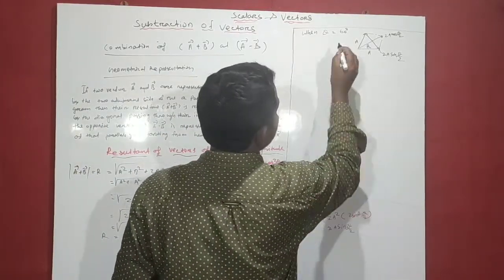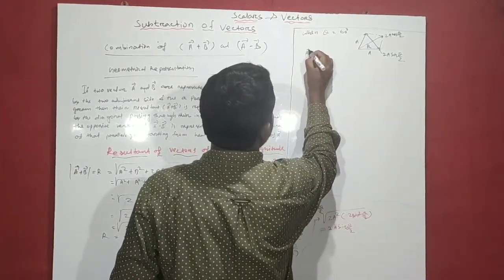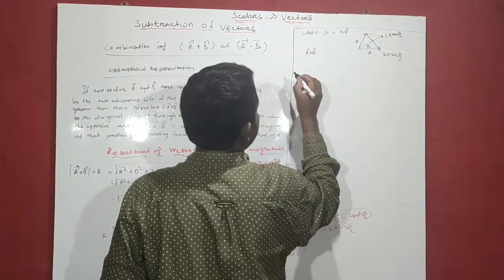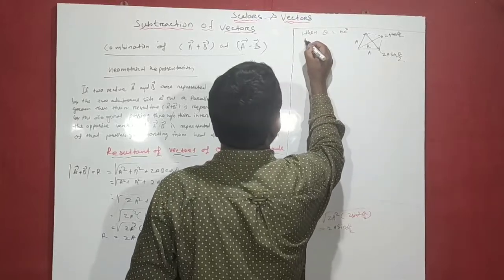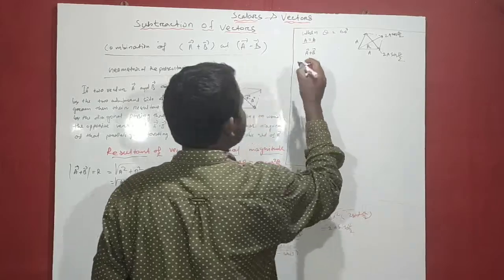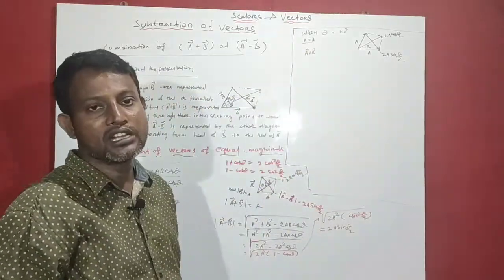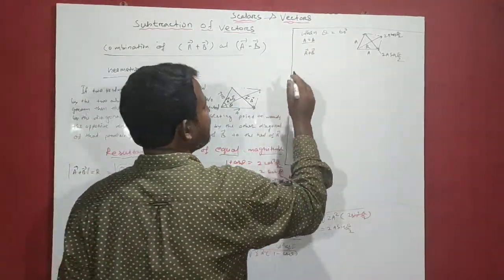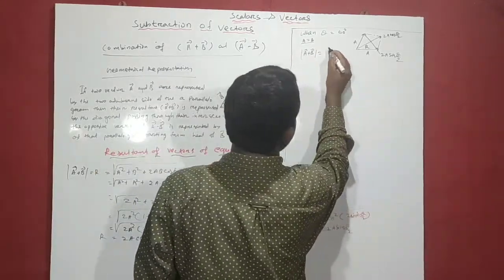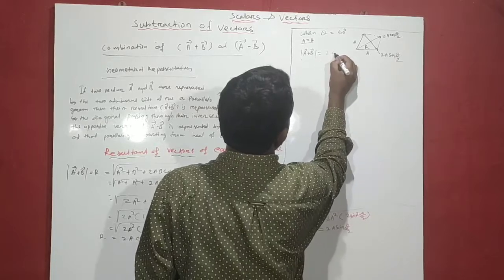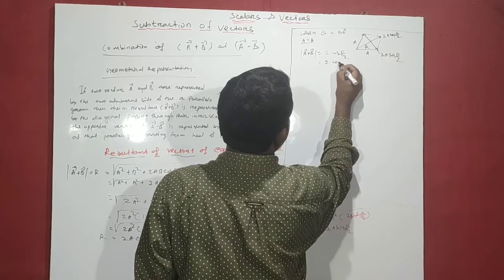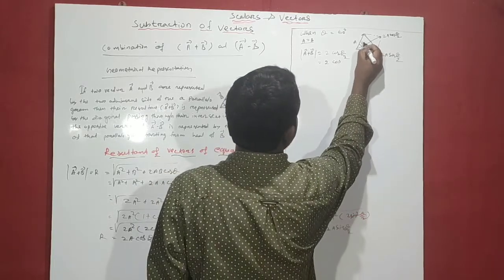When theta is equal to 60 degree, then A plus B, where A is equal to B. The magnitude of A vector is equal to the magnitude of B vector. They are equal in magnitude. This is equal to 2A cos theta by 2, 2A cos 60 degree.